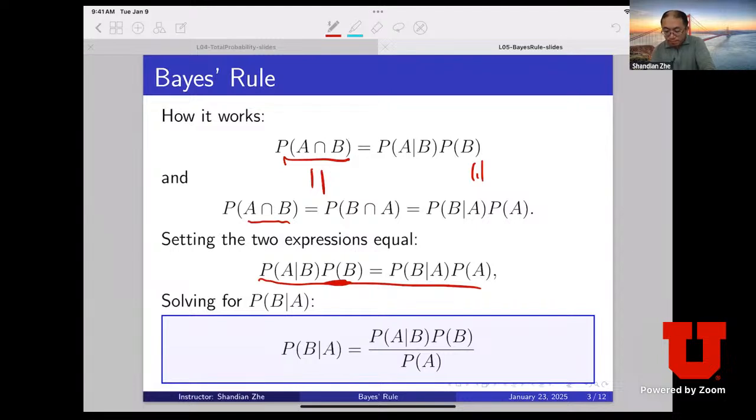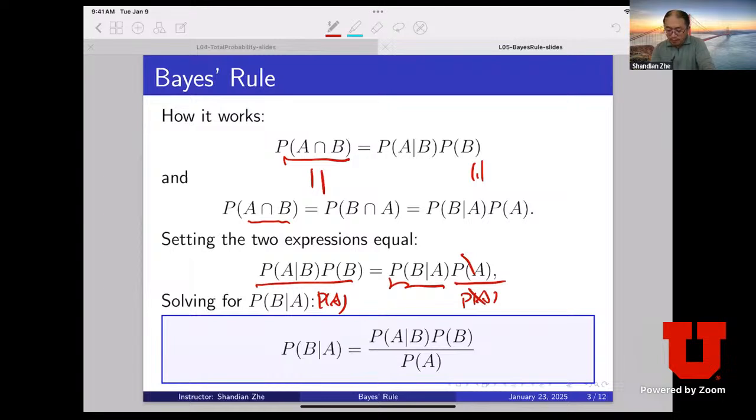If we divide both sides by P of A, those terms cancel on the right-hand side.